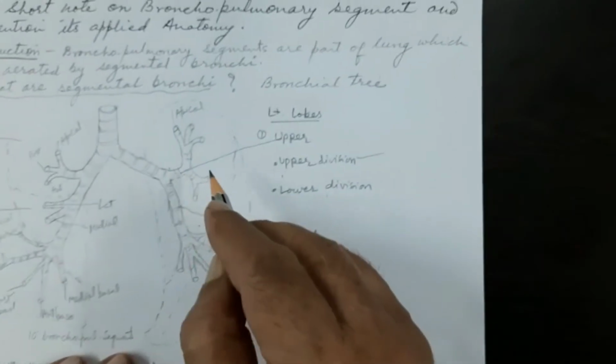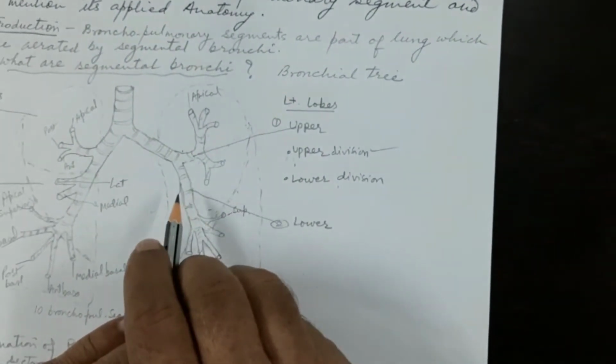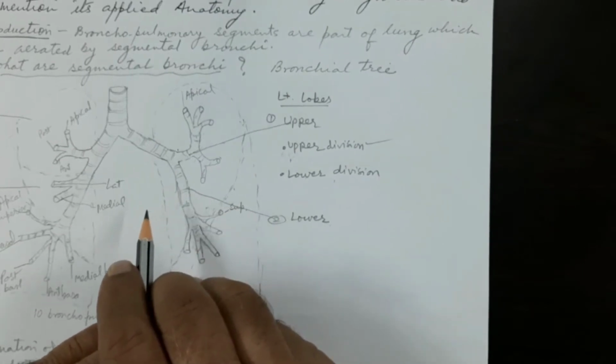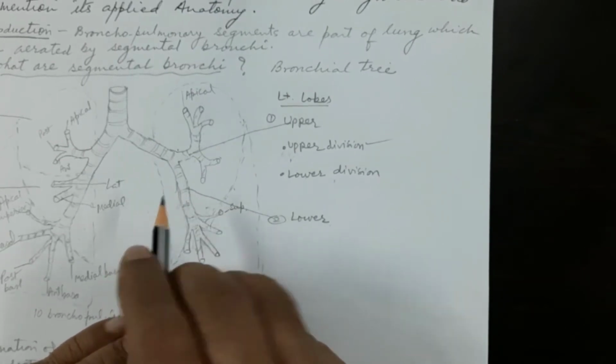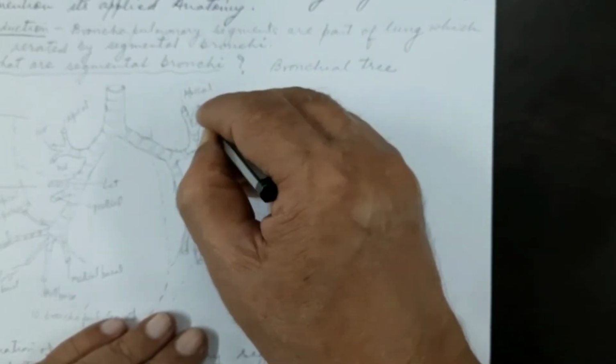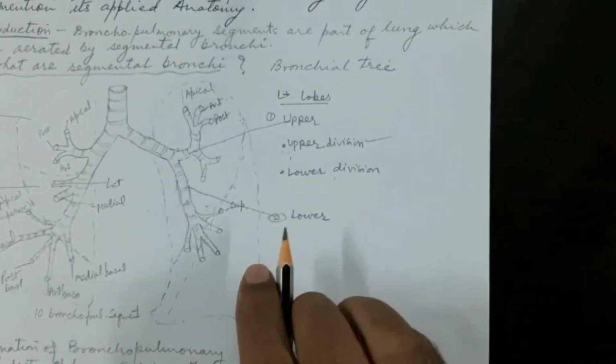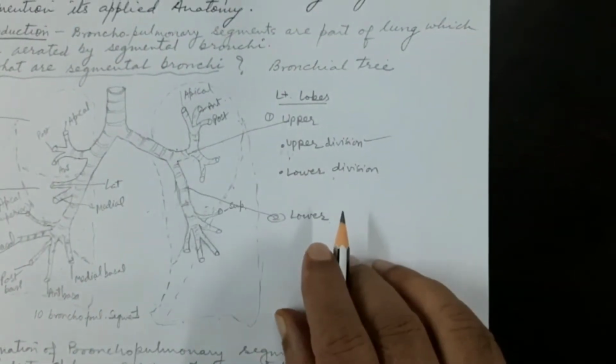Here was apical, so here will also be apical, and then there will be the anterior and posterior, okay. Suppose this is posterior, this will be the anterior in the upper lobe, okay.